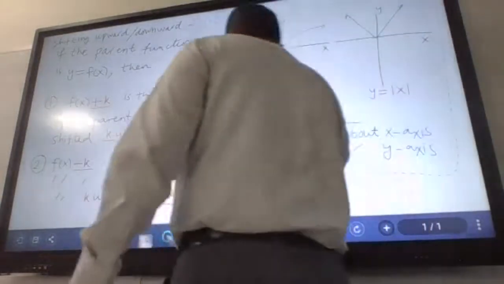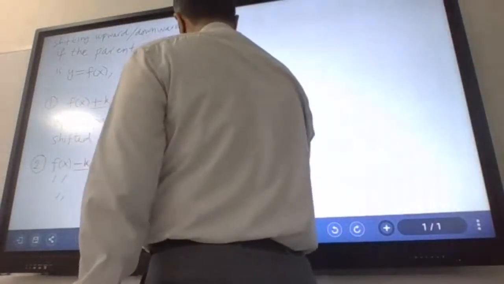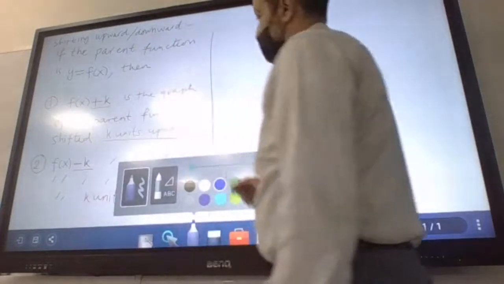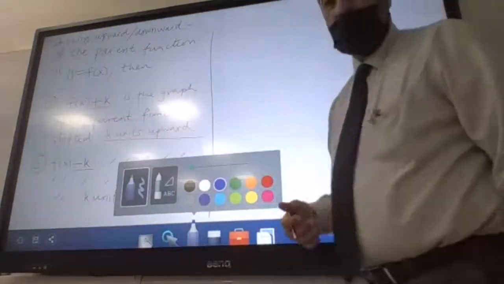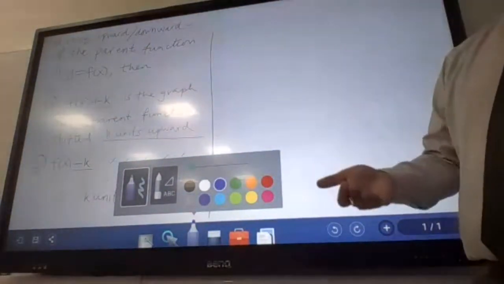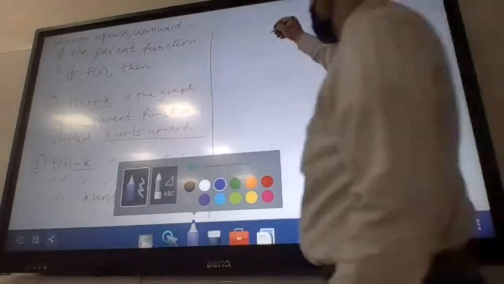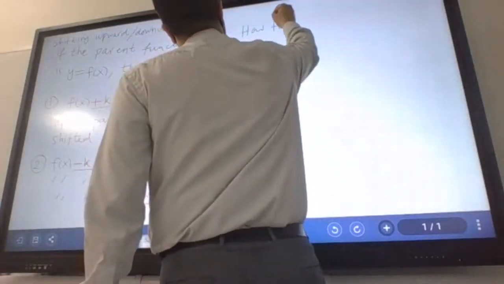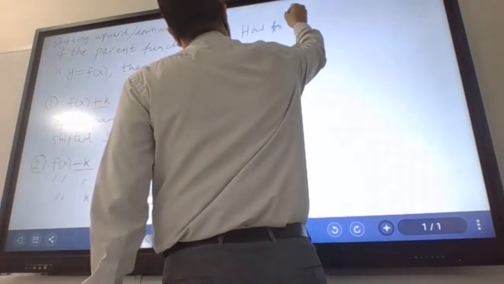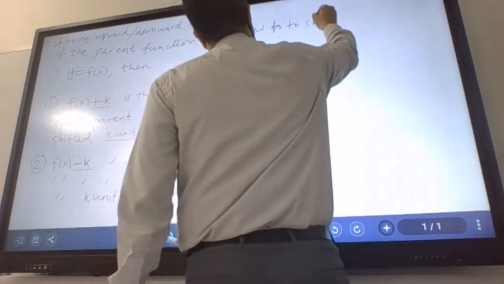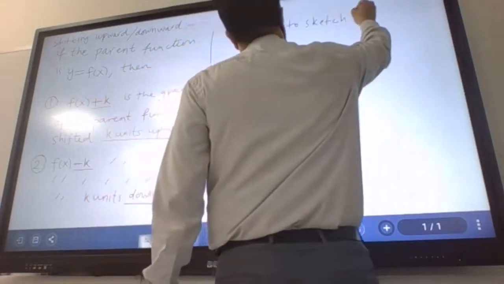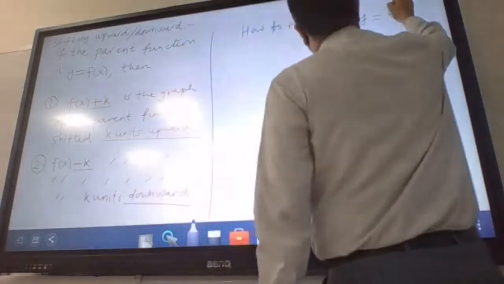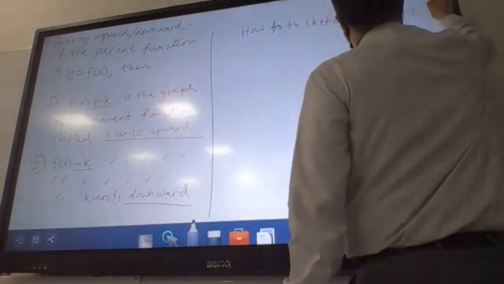Just hold a second. So now let's say I have y equals x squared. How to sketch y equals x squared plus 2?